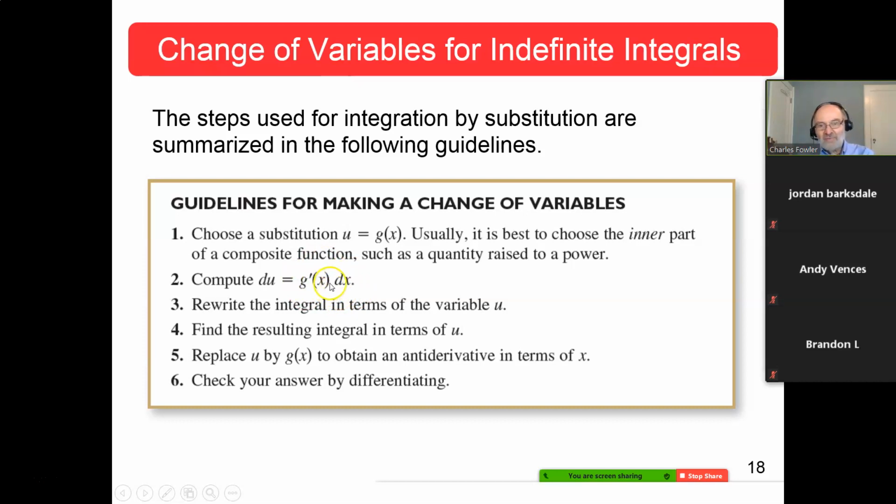If you need to manipulate some numbers there, do that. Find the resulting integral in terms of u. Now that x that we had in that one, go on and figure out what that is in terms of u. Replace the u by g of x.